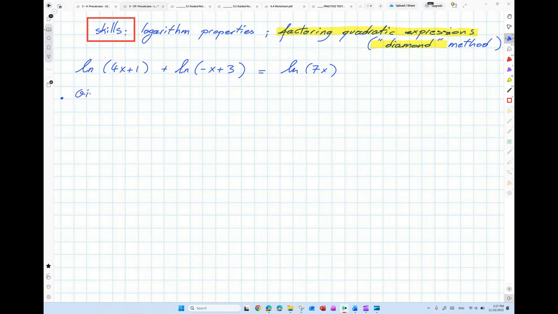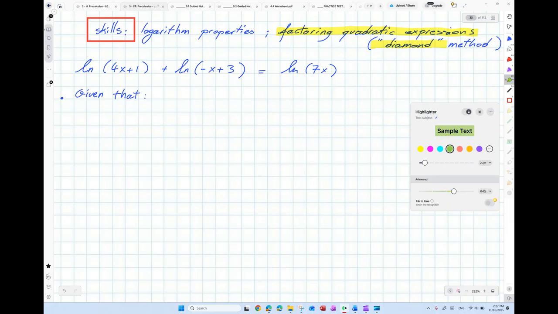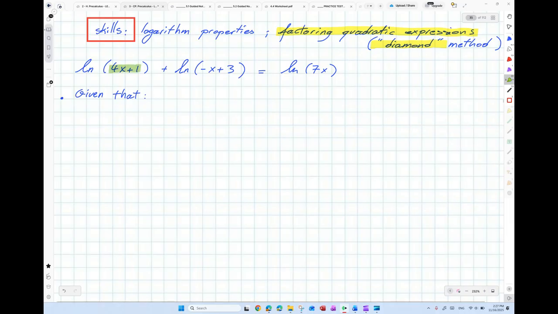I'm going to introduce that by the expression "given that." Now, I'm going to take every argument inside a logarithm, and they necessarily have to be strictly greater than 0.